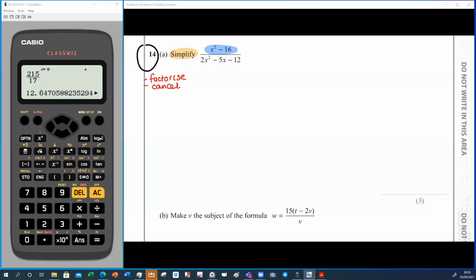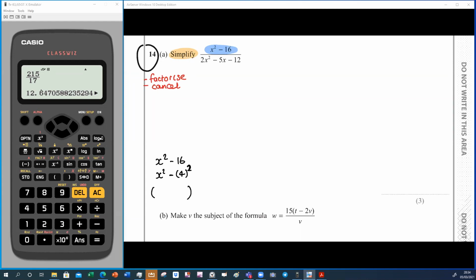So let's just have a look at it down over here on the side. Let's take it down onto our workbench. x squared minus 16 is the same as saying what? x squared minus 4 squared. So that's called the difference, difference means minus, of two squares. Now when we factorize x squared minus 4 squared, you have a special way of factorizing.